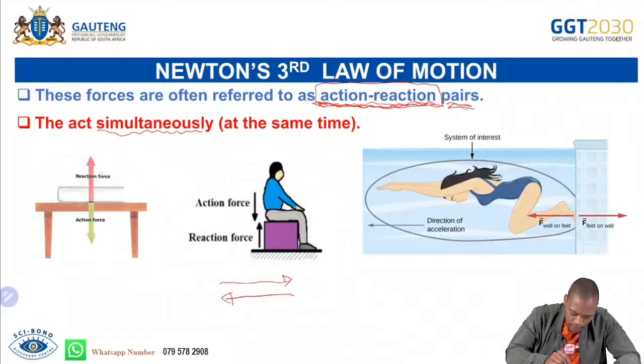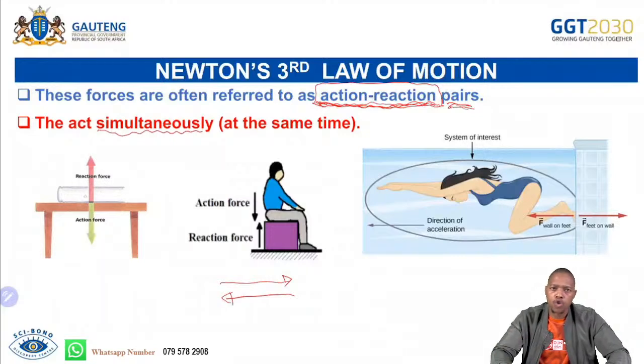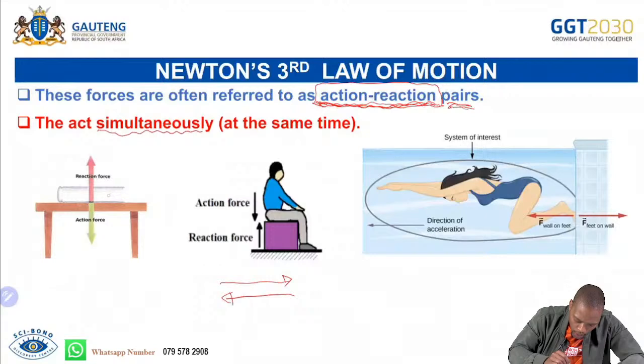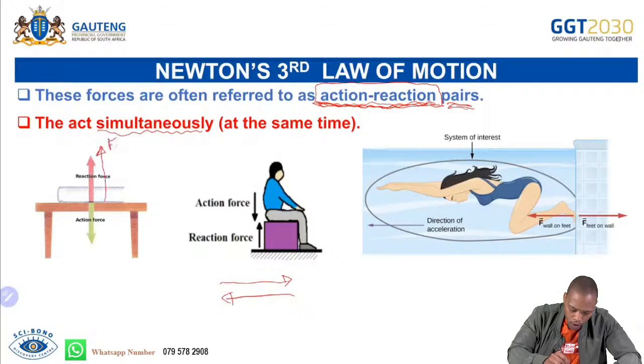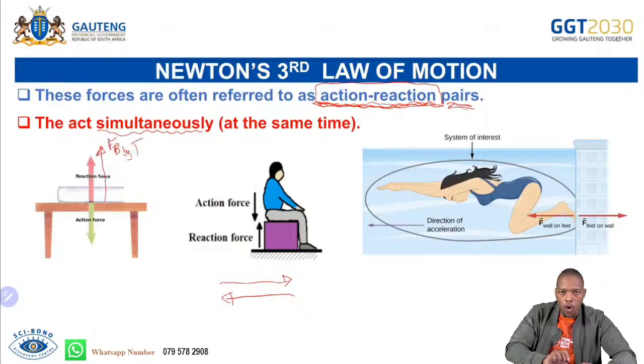Here's our example. If we have a book resting on top of the table, we are going to have the force on the book, and that force is exerted by the what?